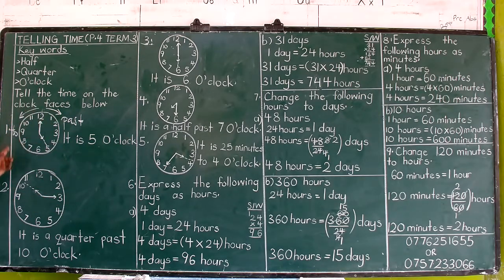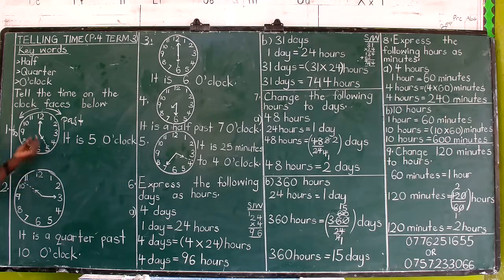Clockwise movement, anti-clockwise movement. So majorly, we have got 2 hands of the clock. Then there is the longer and the shorter. Leave alone the other one that moves every time. That is the second hand. So the longer is called the minute hand, and the shorter is called the hour hand.